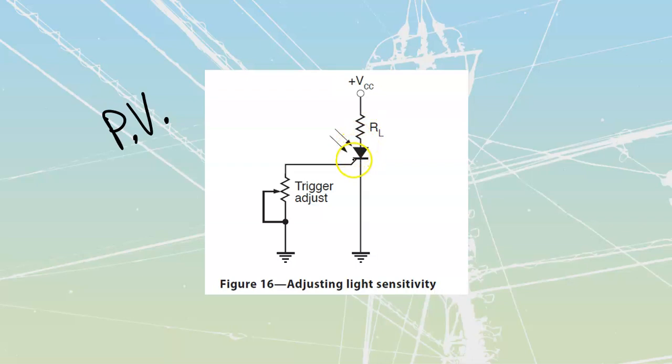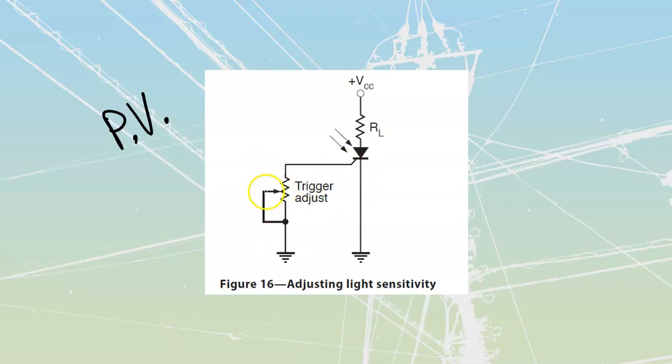Or if I want, I can bleed off some of that voltage through an external circuit that they're showing over here. And if I bleed off some of that voltage, it's going to affect the level that this thing is going to trigger at. So the amount of light that I get now allows me to choose when I'm going to fire this thing on. So we'll have this trigger adjust. We'll use that to adjust our levels just by bleeding it off.